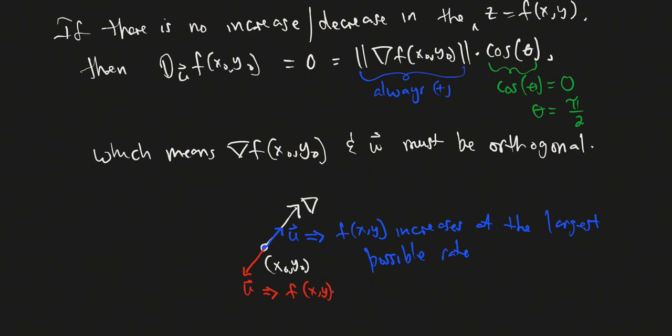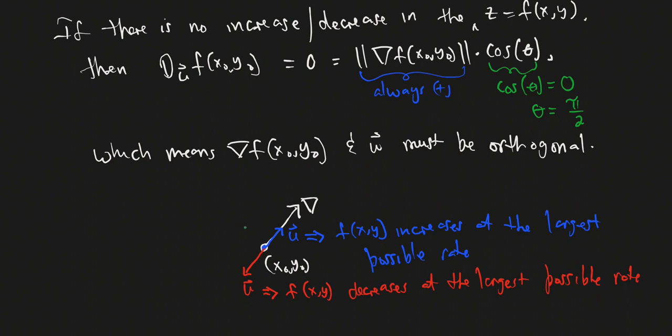So we can say that f of x,y would decrease at the largest possible rate. So in other words, if you change your x and y headed in the red direction, that would cause your z value to decrease at the largest possible rate, because it will be the negative of that magnitude.